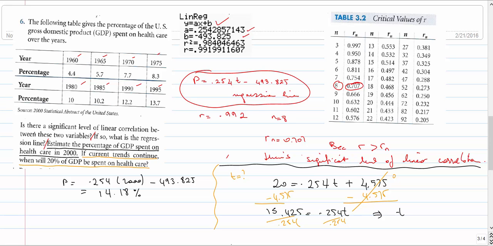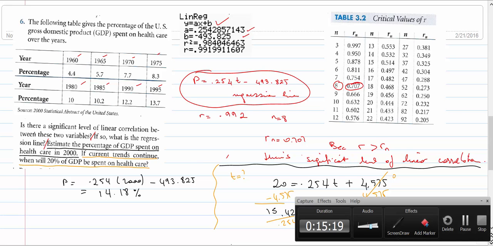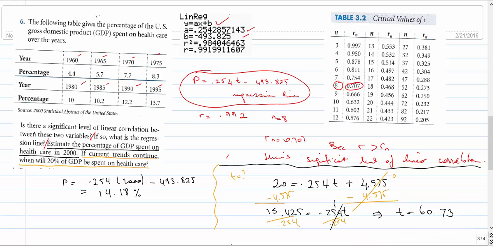and t is equal to 15.425 divided by 0.254, which is 60.73. And if I add this value, 60.73, onto 1960, your starting year, so what I did here is 1960 plus 60.73 gives me 2020.7.